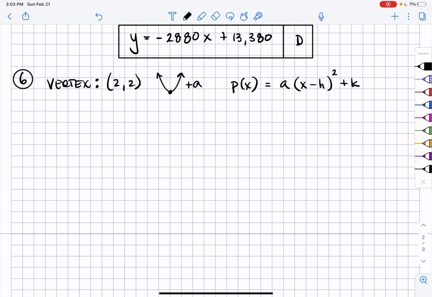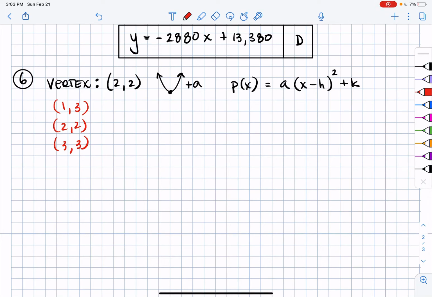And if I go to the points next to the vertex, the other points are (1, 3), then (2, 2), then (3, 3). Okay? So those are my points.